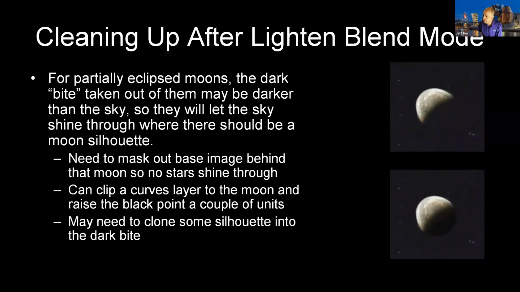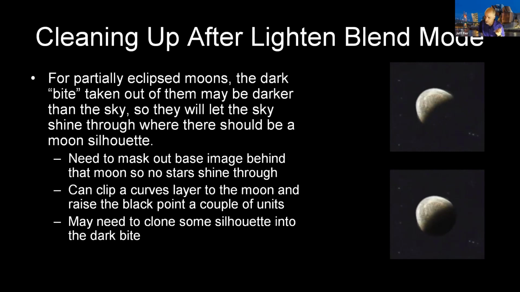As I said, a partially eclipsed moon might have its shadowed part darker than the sky behind it. As a result, the sky behind it shows through the moon, and in this case, you can actually see there's a star shining through. There are a couple of things you can do to fix this.